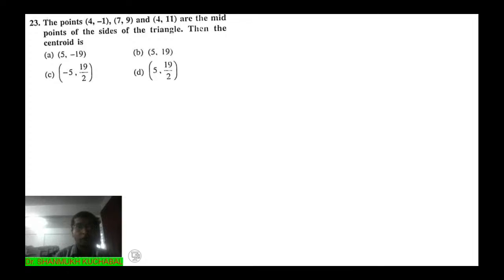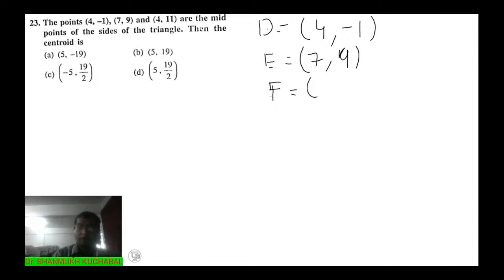The points (4, -1), (7, 9) and (4, 11) are the midpoints of the sides of a triangle. Then the centroid, we have to calculate. So we'll write D coordinate (4, -1). Next E, we write (7, 9), and F is (4, 11), and the centroid is given by the formula.